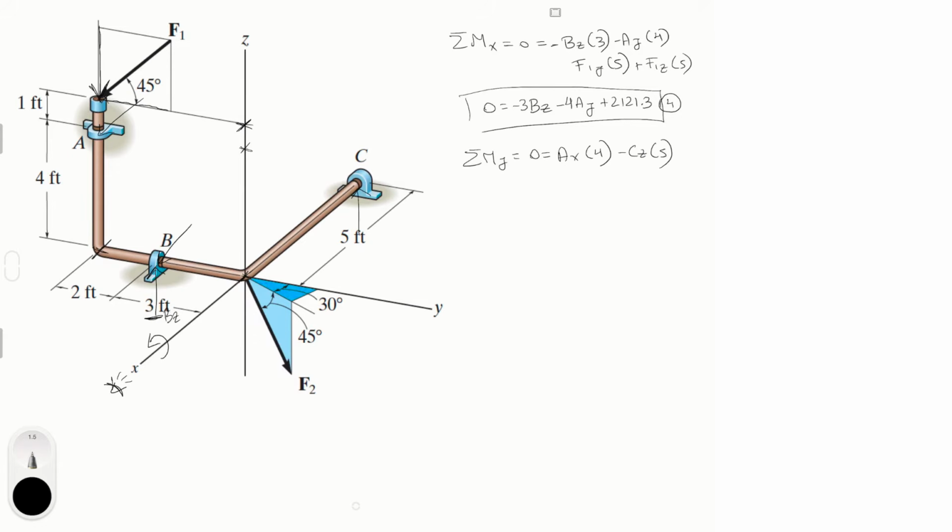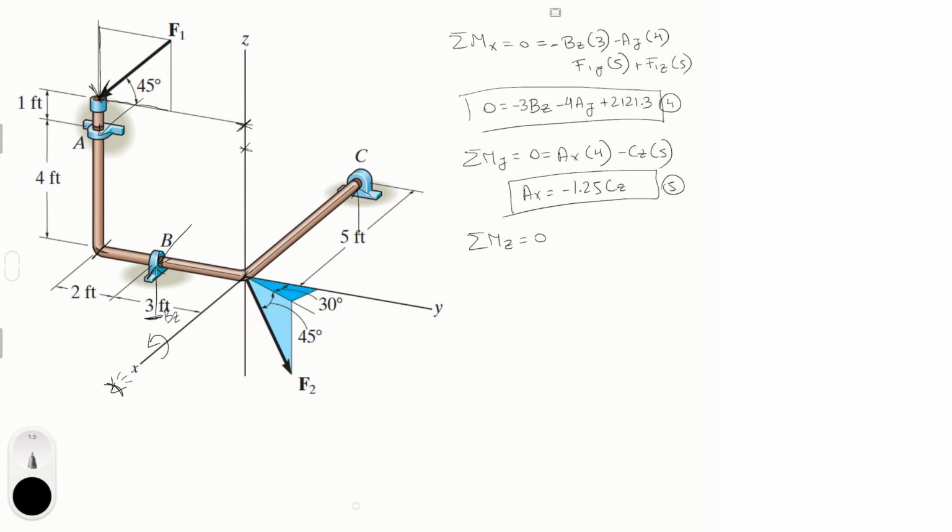The other ones are not creating a moment because they're either parallel or they go directly through it. Let me see, do I have anything else? No, that's it. So AX is equal to minus 1.25 CZ. Call this equation 5. We have 5 equations so far. I think we're going to end up with like 10 equations. Just a little preview if you're getting impatient.